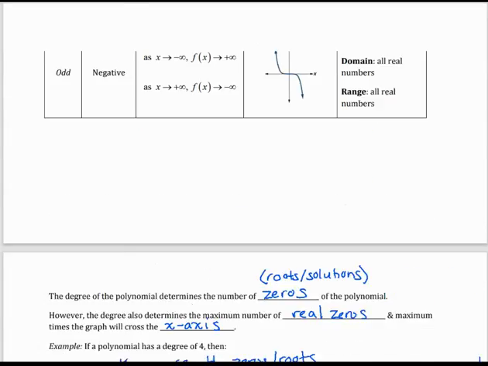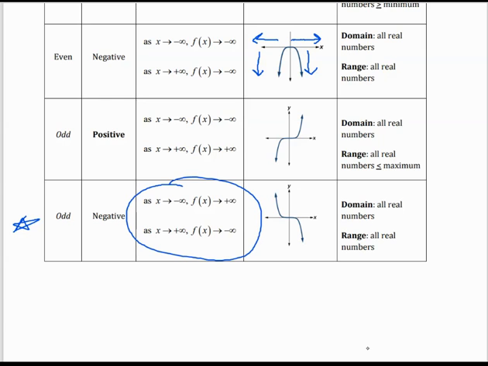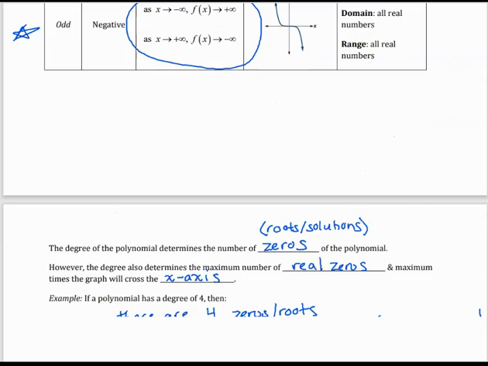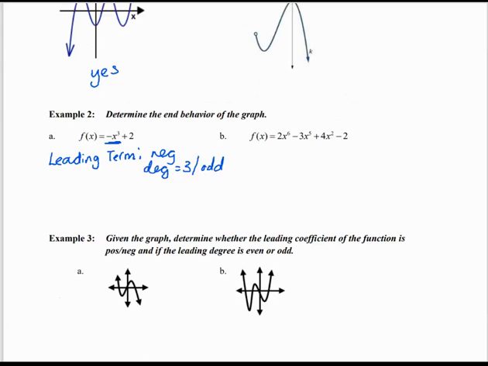So when I go to my chart, I'm going to go look at the negative and odd. So if I go up to my chart, negative odd is this row right here. So my end behavior is going to be this, okay? So if we go down, we can see that we will have that as x goes to negative infinity.